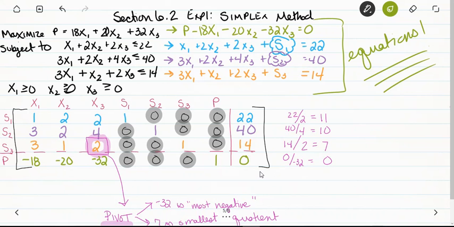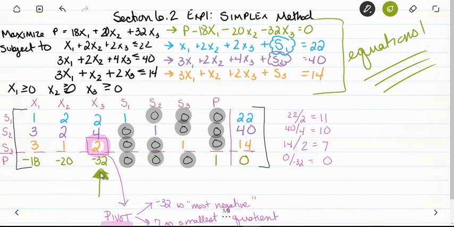So you could pick any column to start with, but if you want the most efficient method, if we're trying to eliminate the negatives here, the 18, the 20, and the 32, it's going to make the most sense to start in this column that has a 32 because that's the most negative.